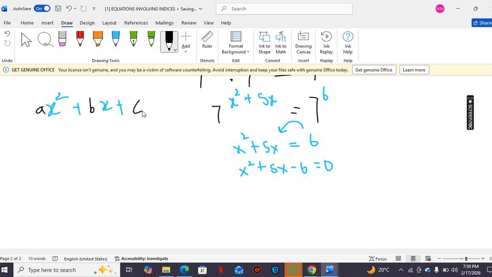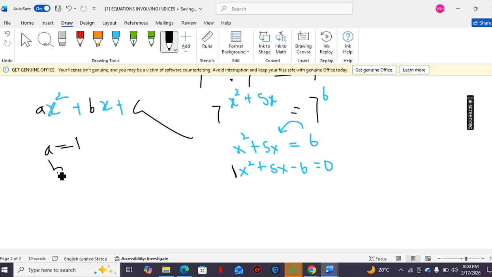So when you're solving a quadratic equation, you're going to say, what is your a? In this case, if we look at this equation, x squared plus 5x minus 6, our a is basically the number in front of x squared. That's what your a represents. The number in front of x squared, that is 1.